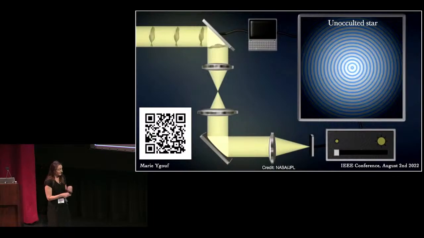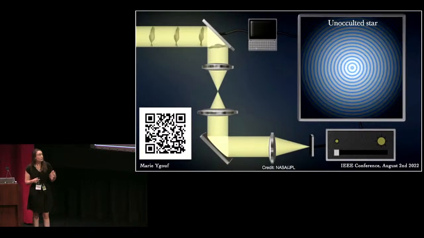So in this first slide, you can see what a star looks like through a regular telescope. Of course, the diffraction figure here depends on the aperture of the telescope.